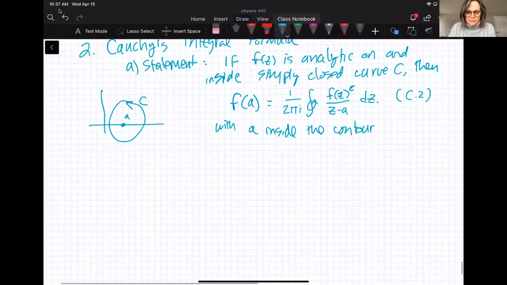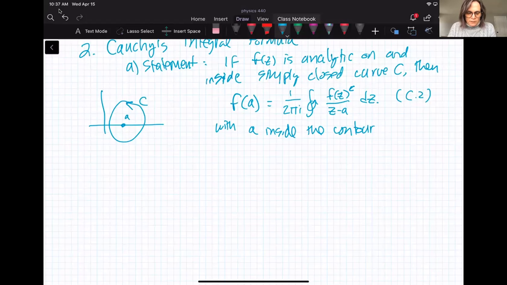The proof of this is a little, well, it's your typical physicsy proof.